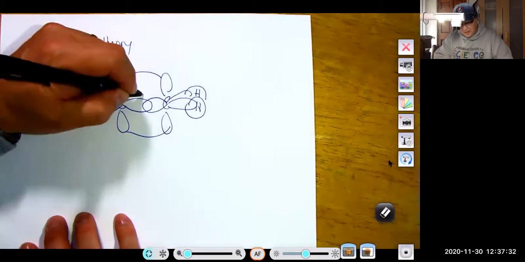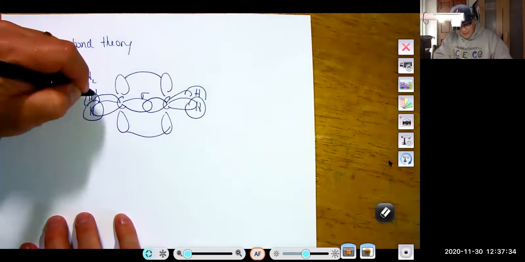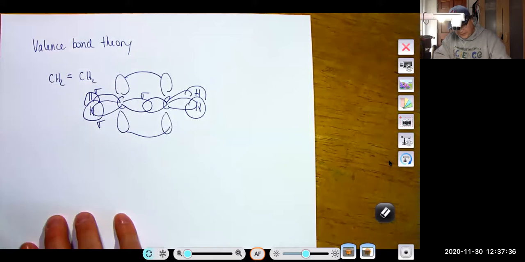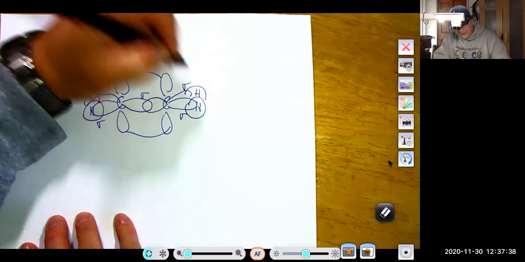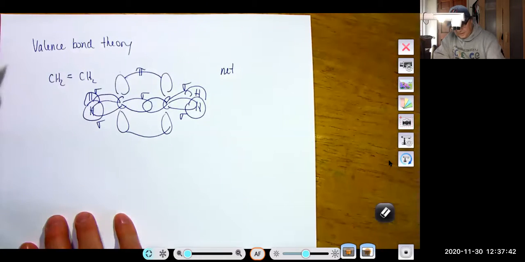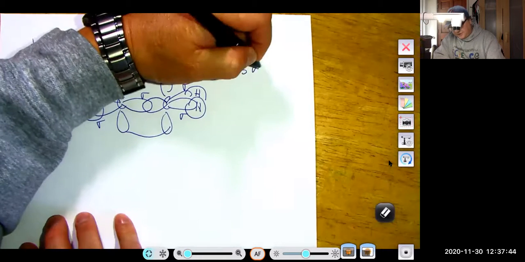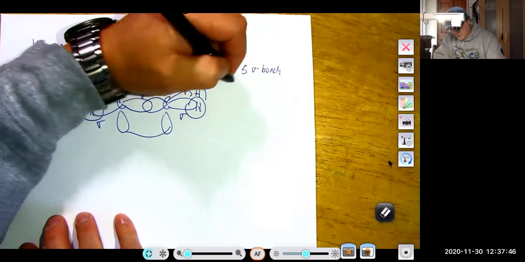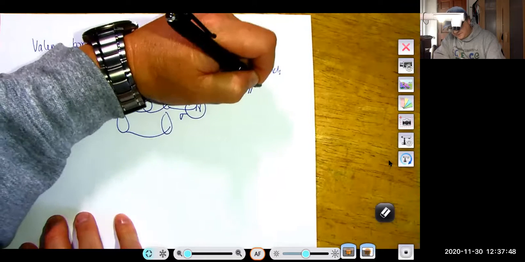We have a sigma bond here, a sigma bond here and a sigma bond here, a sigma bond here and a sigma bond here, and a pi bond here. So we have a net of 5 sigma bonds and 1 pi bond.